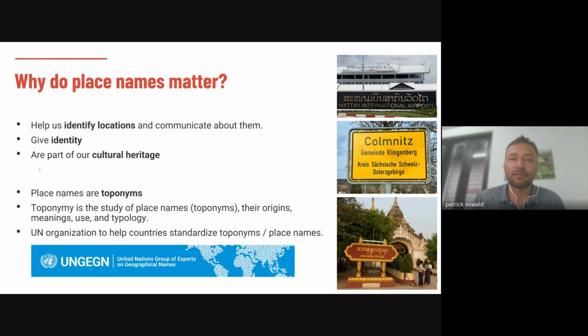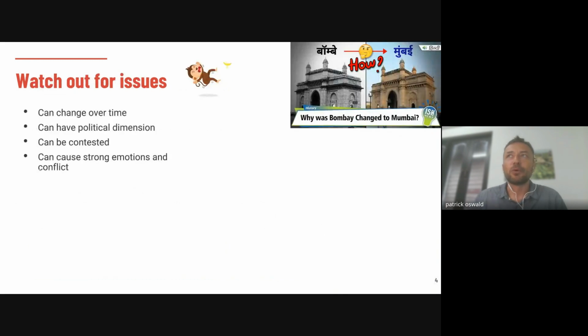So names are definitely an important thing. Sometimes for some place names we also have to watch out a little. For shops and those things, usually no problem, but for other names we should be a bit careful.